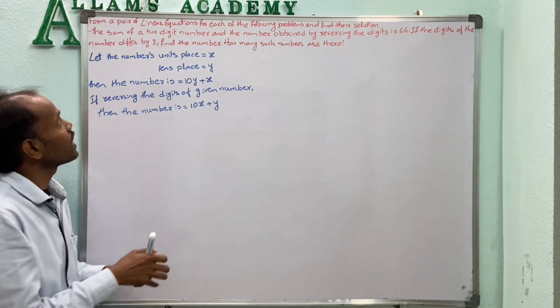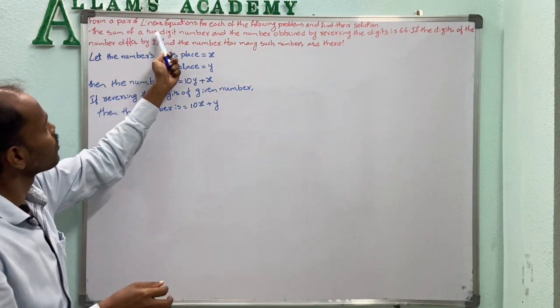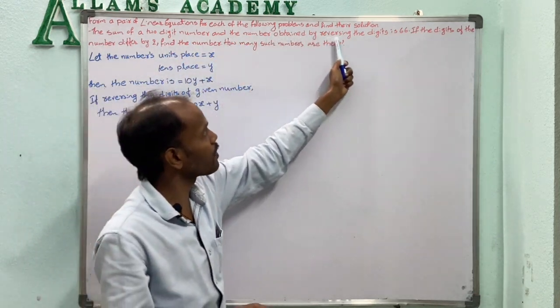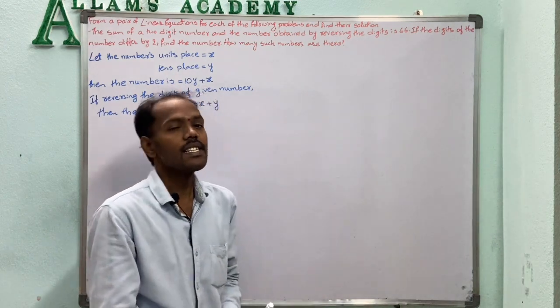Here two conditions are given. The first: the sum of a two digit number and the number obtained by reversing its digits is 66.